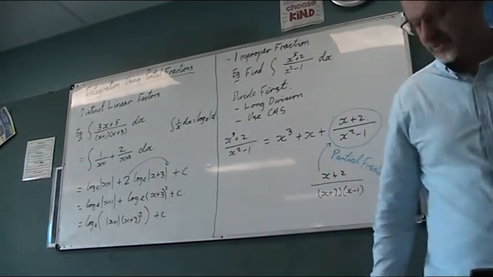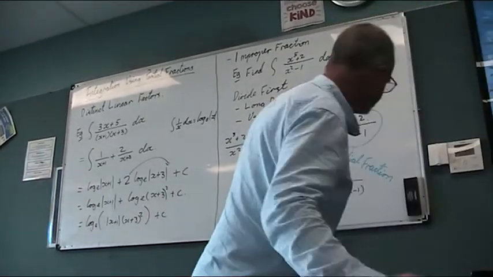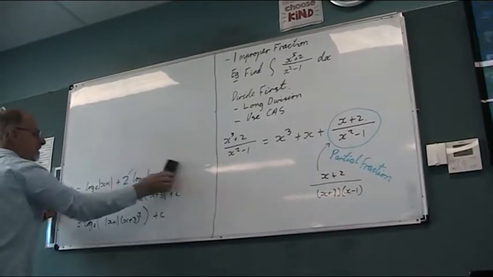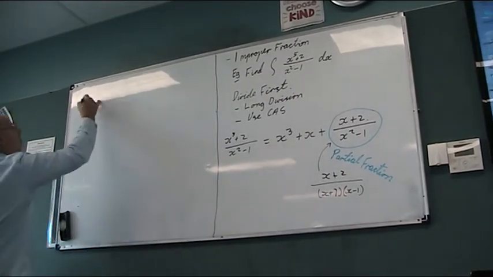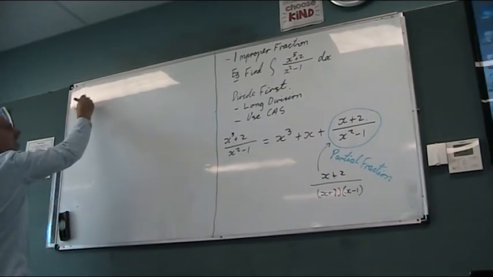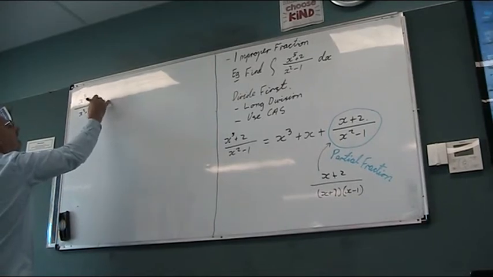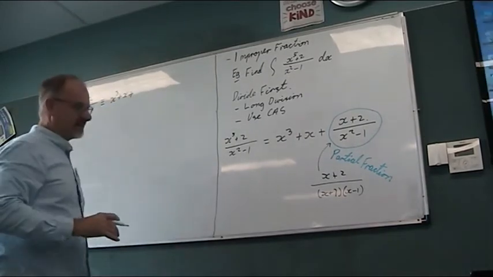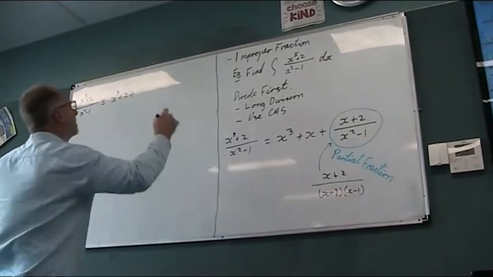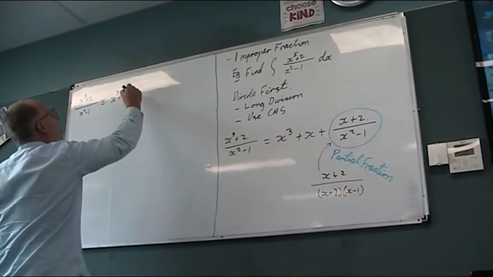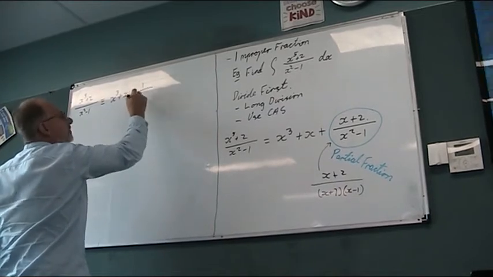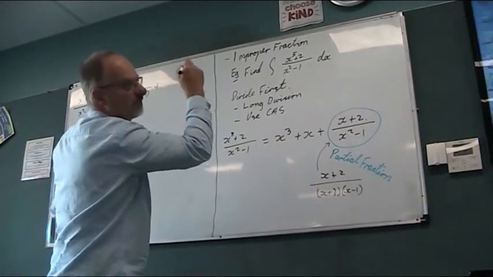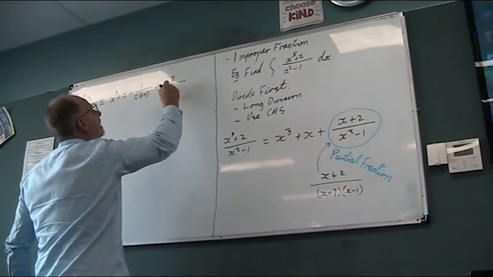So when we come back over here, we can say that x to the 5 plus 2 over x squared minus 1 is the same as x cubed plus x plus, that's the stuff on the end that we found out to be, I probably should put minus there, 1 over 2 times x plus 1, plus 3 over 2 times x minus 1.